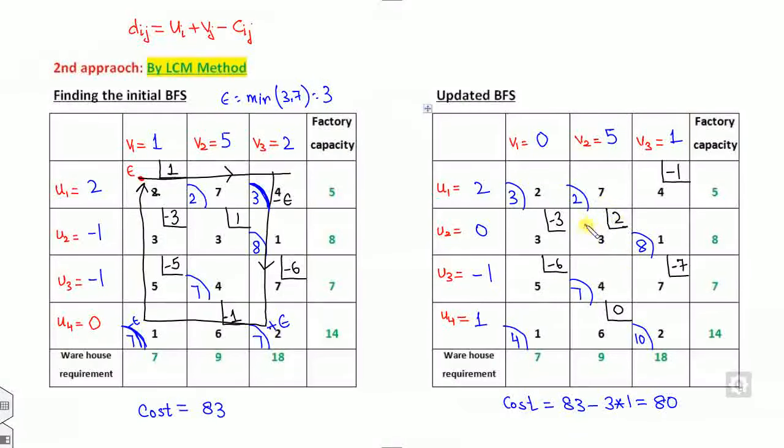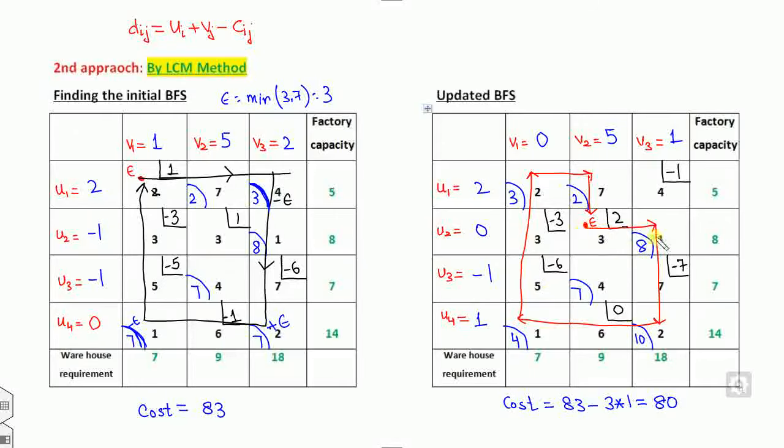So you can start from here, take epsilon. Now what is the loop? So start from here. If you go on this side, this side, this side, this side, and so on. Yes. So if you start from here, go in this way, then in this way, then this, and this. Always remember you can't cross diagonally.